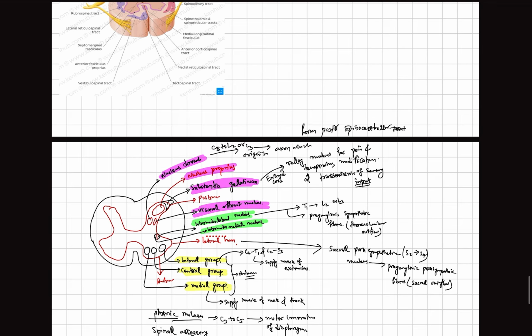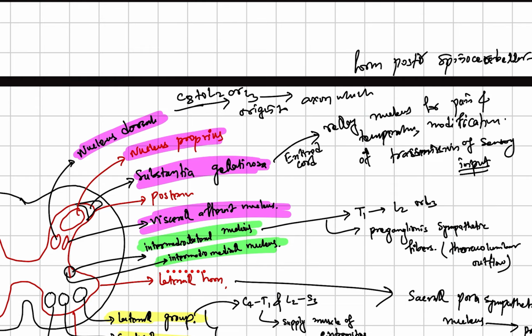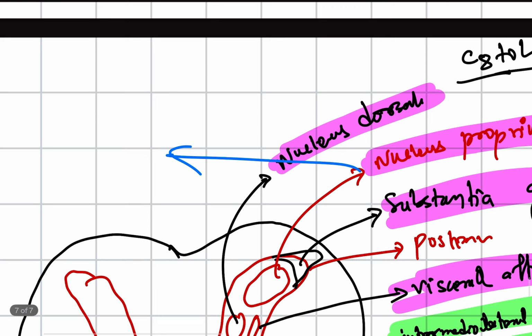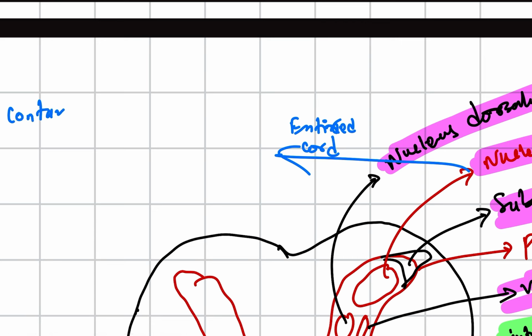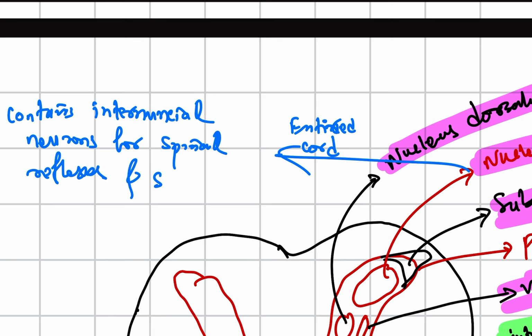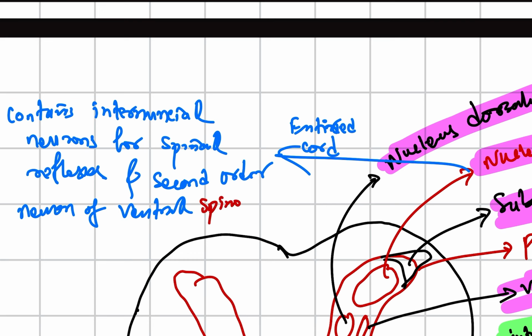Now moving on to nucleus proprius. It is found in the entire cord, and this nucleus contains internuncial neurons for spinal reflex and the second order neurons of the ventral spinothalamic tract.